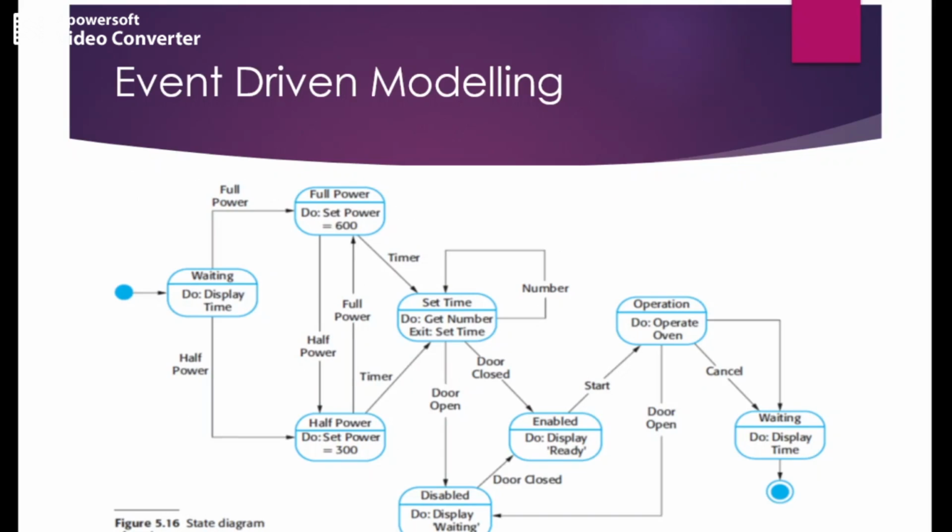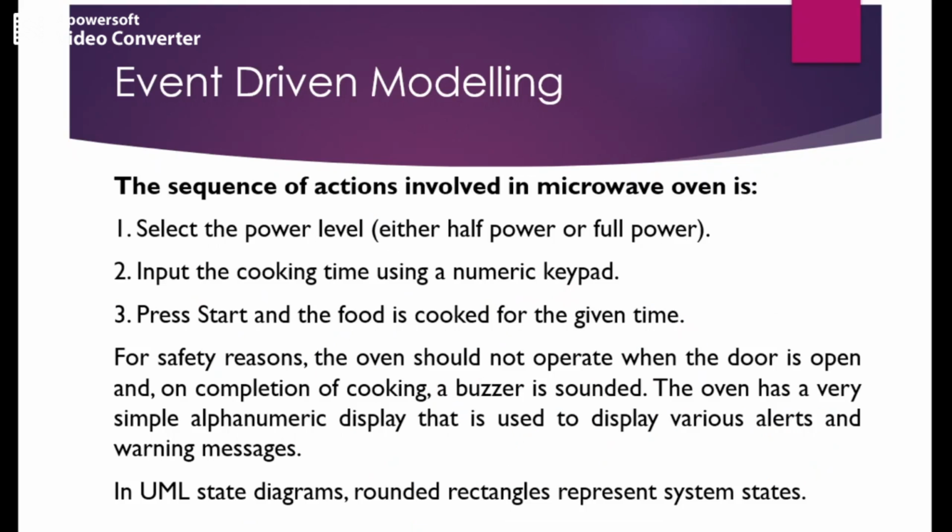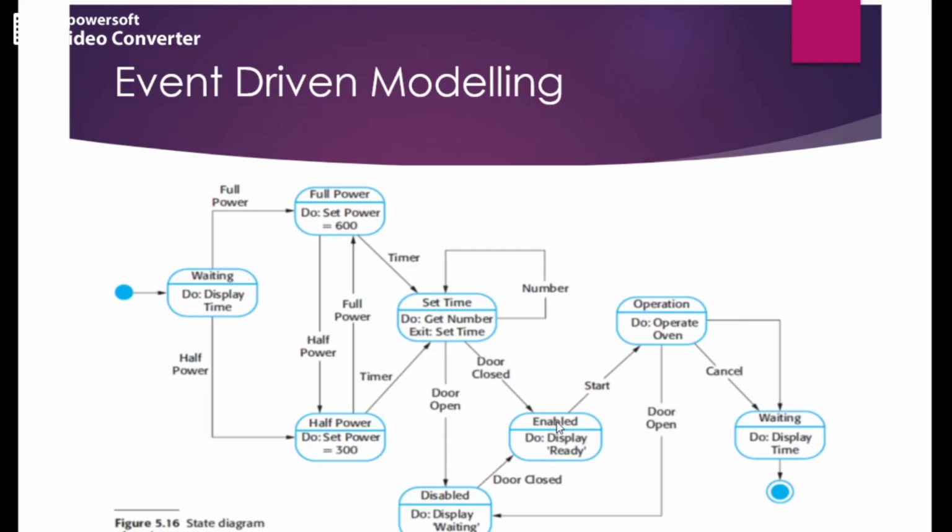In this UML state diagram, rounded rectangles represent the system states. That is very important. How to represent a system state? Rounded rectangles. It looks like a rectangle, but it is a rounded rectangle.